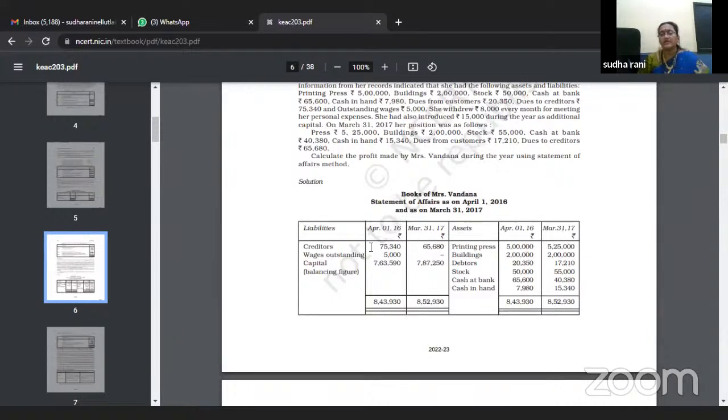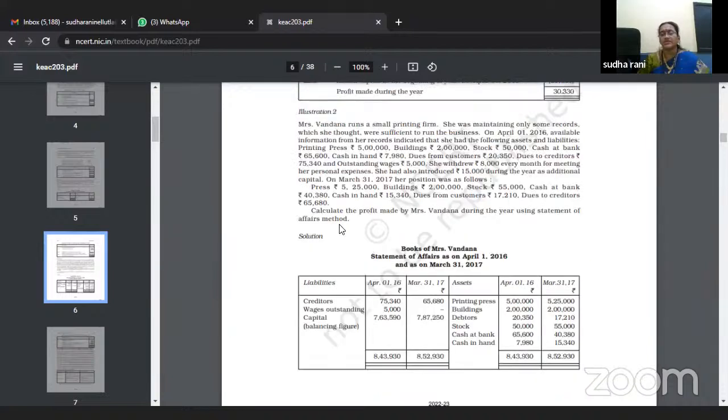So creditors, the given information just placed in the table: creditors, wages outstanding, and then printing press, buildings for 2 years, stock for 2 years, debtors for 2 years, cash in hand and cash at bank for 2 years.